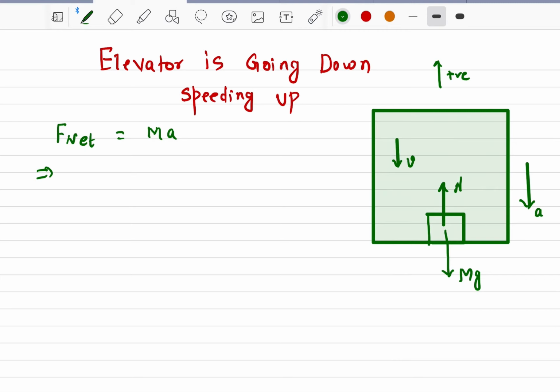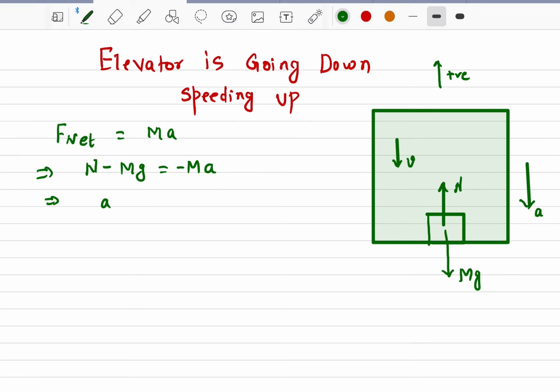In fact, you can call the downward direction positive. It's entirely up to you. But here I'll start this way. With the upward direction positive, it will be N minus mg, and then mass times acceleration, again with a negative sign here. Why the negative sign? Because my acceleration is in the downward direction.